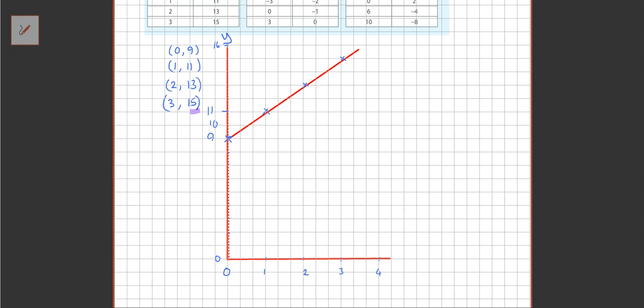So, over to you. Something that starts at 9, and every 1 it goes up, this one goes up by 2. Can you think of something?